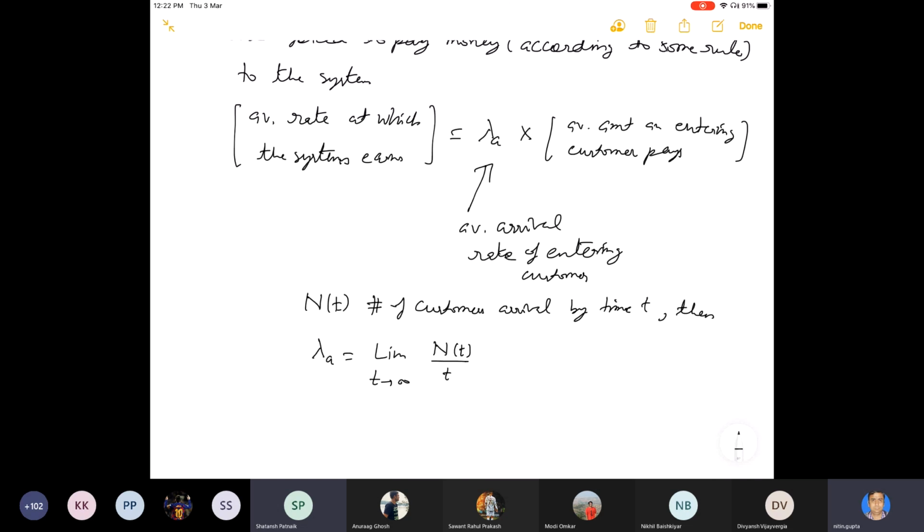This is the rate of a renewal process. So this we will do when we do renewal theory, then we will do this proof also. Lambda is the limit as t goes to infinity of N(t) by t.